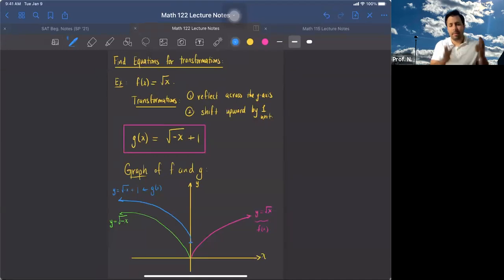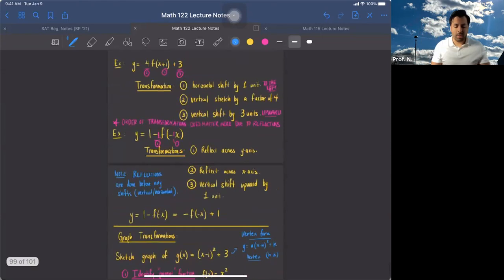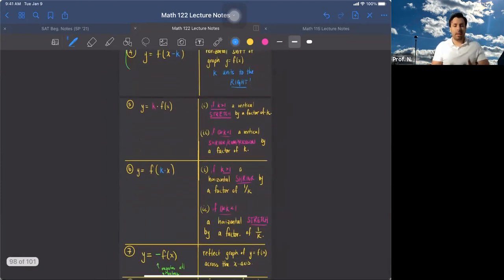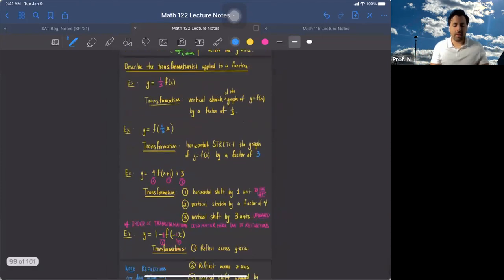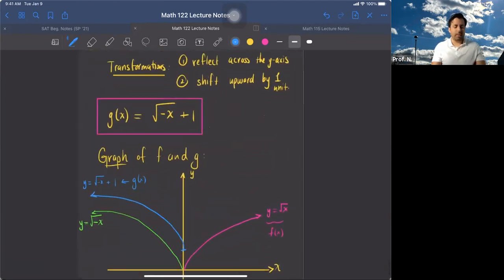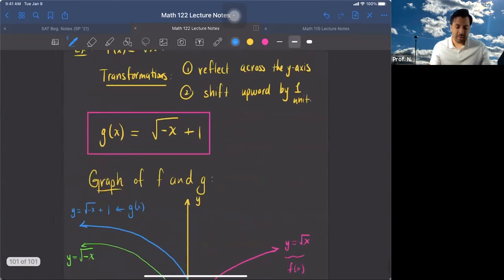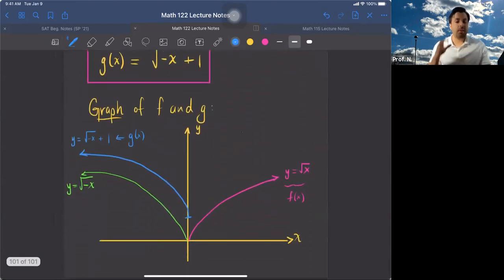If you have that basic knowledge of what they look like algebraically and graphically, and you combine that with knowledge of the commands for the transformations, then understanding transformations is a lot easier, and it will go well with you. Everything will be okay. Okay, so those are transformations in a nutshell.